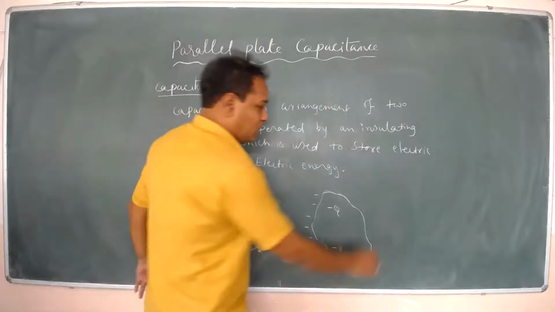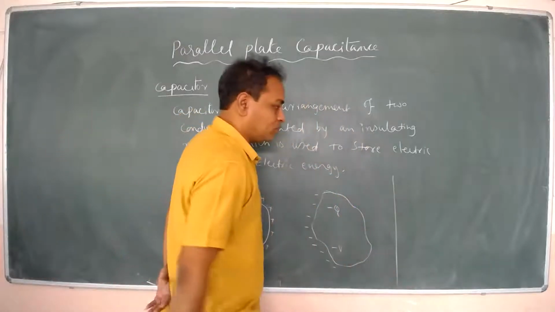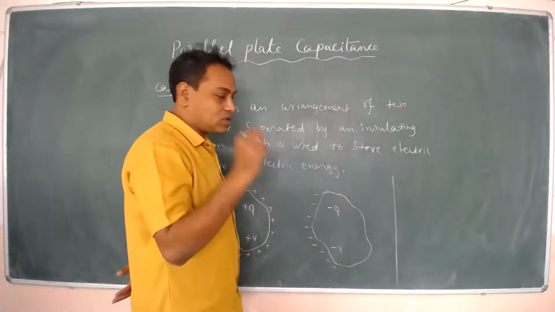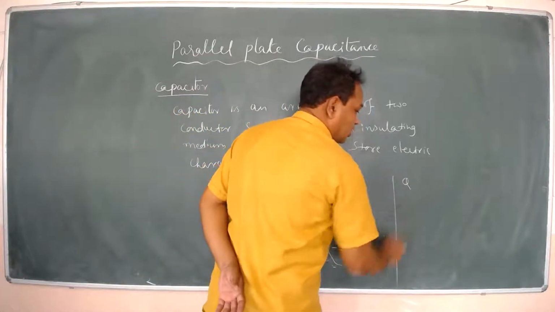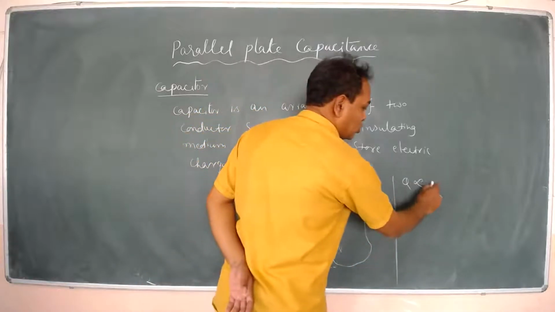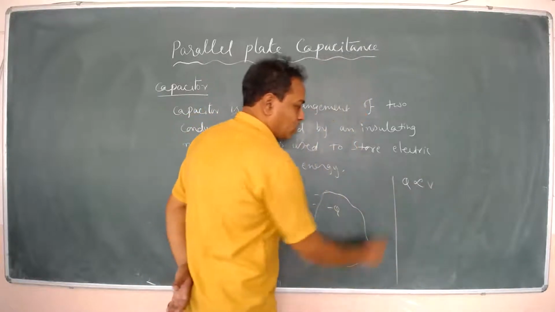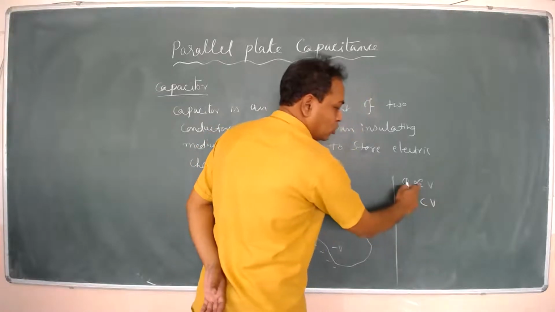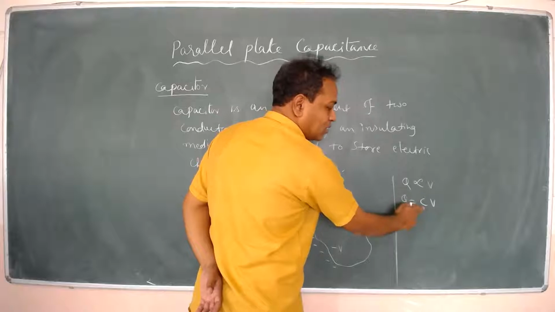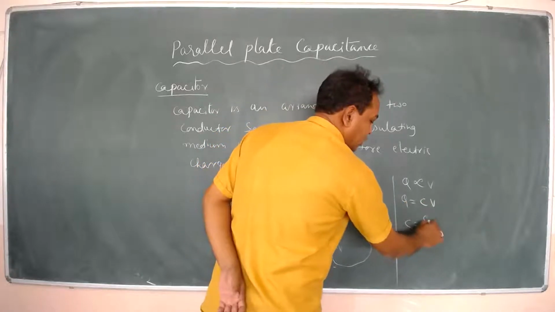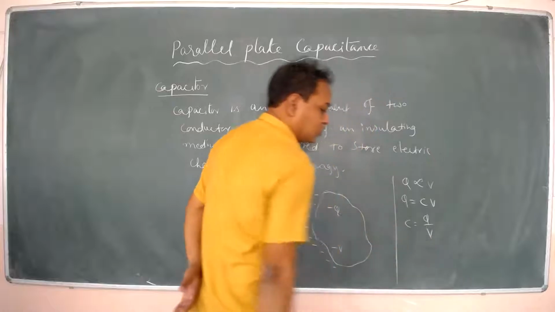We know the formula defined yesterday: the charge on the capacitor is directly proportional to V. Therefore Q is equal to C into V. If we remove the proportionality, we write a constant C. So C is equal to Q by V.